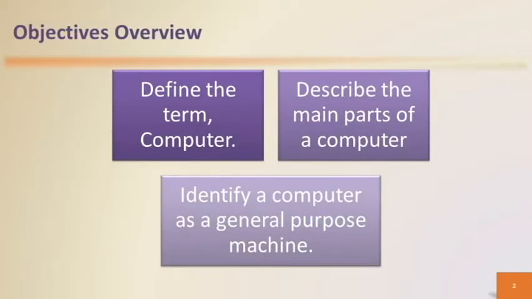In this topic, we're going to have a number of different episodes, and in the first episode, we are going to be looking at the subtopic, the main parts of a computer. Before we look at the main parts of the computer, we are first going to define what a computer is.